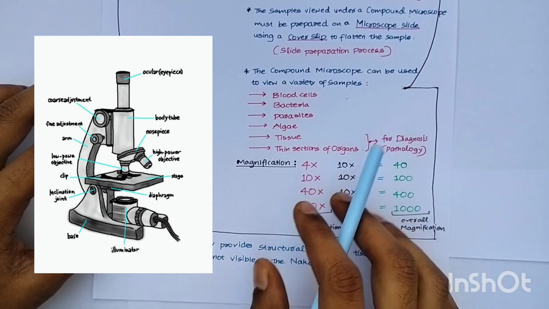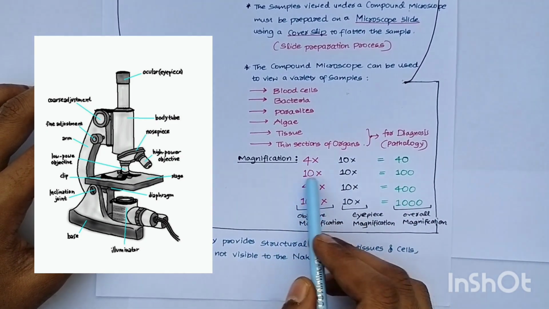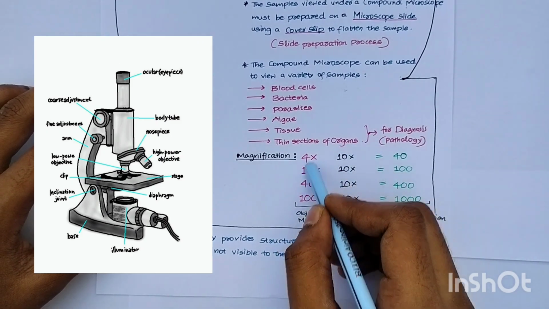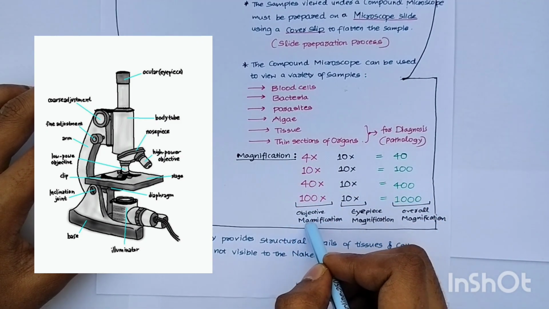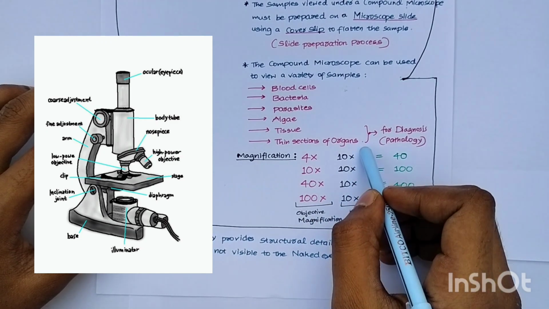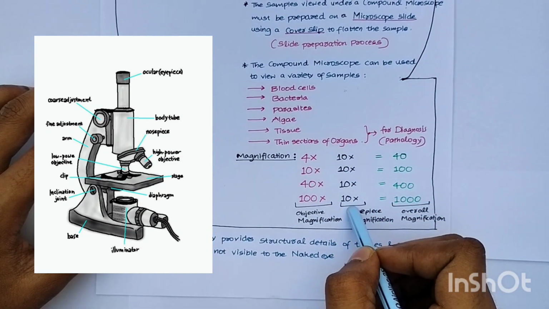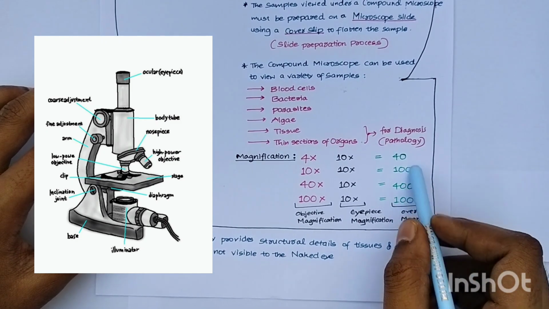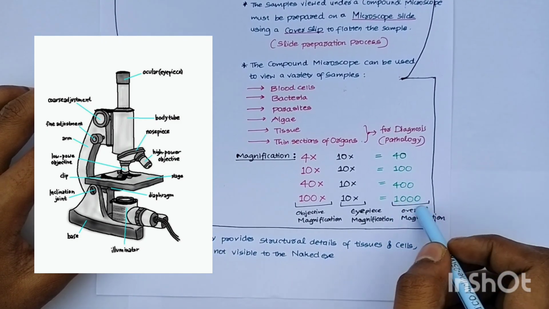The magnification of the microscope is 4x, 10x, 40x, and 100x. That lens will have this magnification, called the objective magnification. Multiply it by the 10x eyepiece magnification, so it will be 40x, 100x, up to 400, 1000x overall magnification.